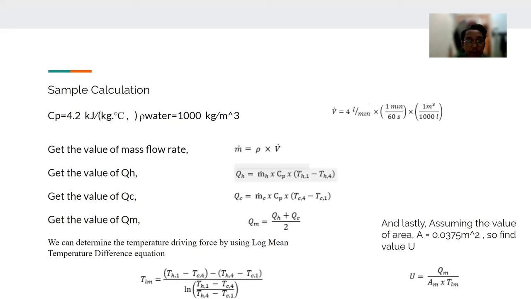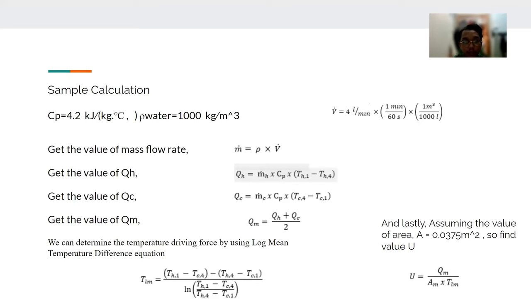For the Cp, I use 4.2 kJ per kg degree Celsius, and the density of water is 1000 kg per cubic meter. The first one, we get the value of mass flow rate, m dot equal to rho multiplied by V dot. V dot we get from 4 liters per minute multiplied by 1 minute over 60 seconds multiplied by 1 cubic meter divided by 1000 liters.